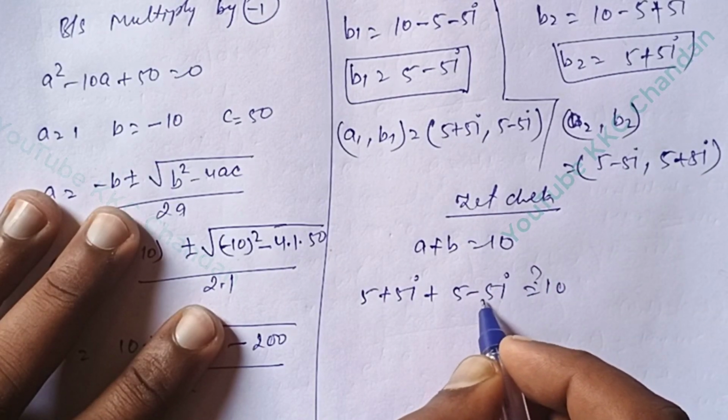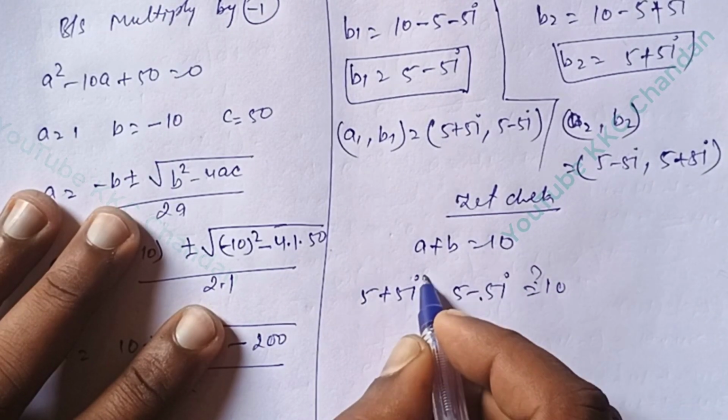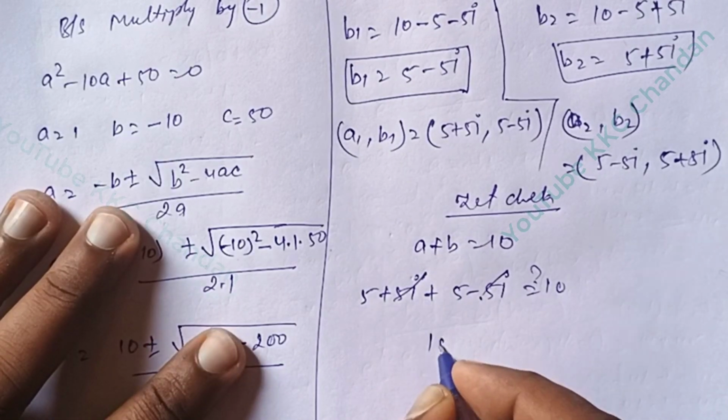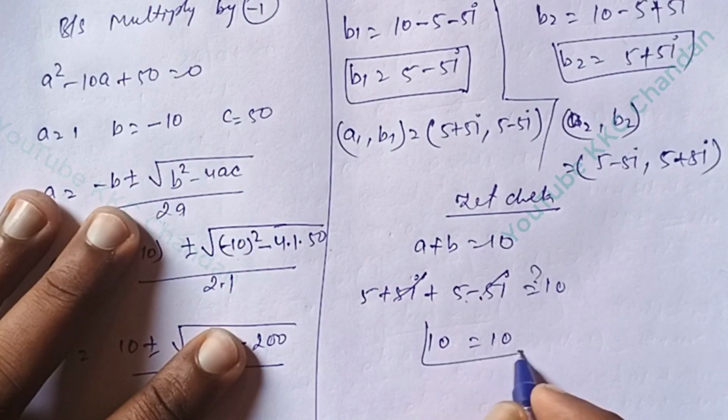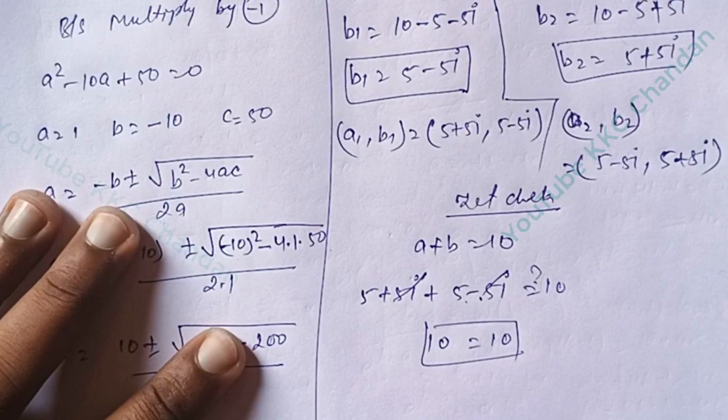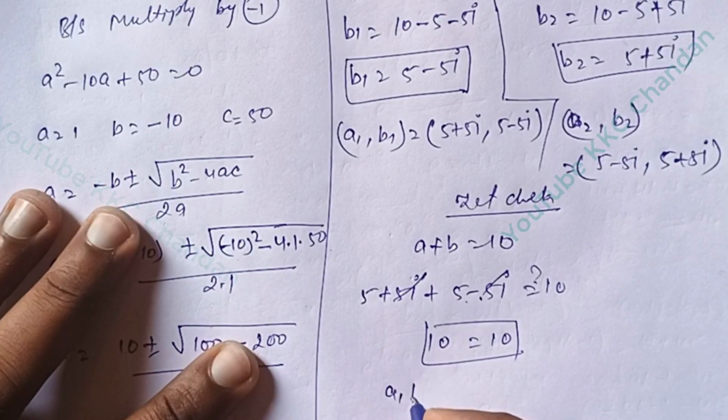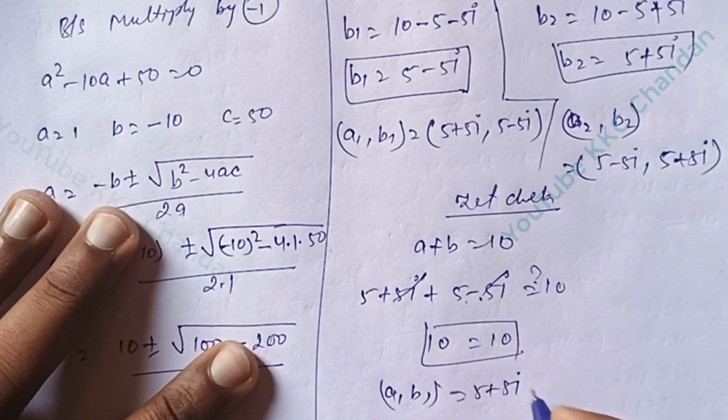Here minus 5i plus 5i cancel. The value will be 10 is equal to 10. 5 plus 5 is 10. LHS and RHS are both equal. So the values of a, b, 5 plus 5i and 5 minus 5i, are correct for this solution.